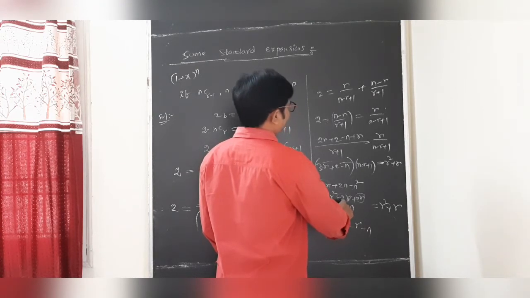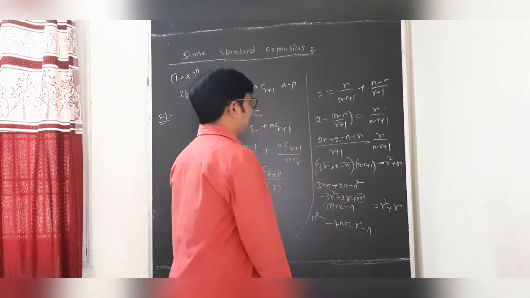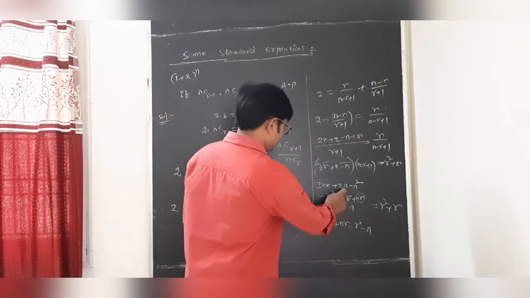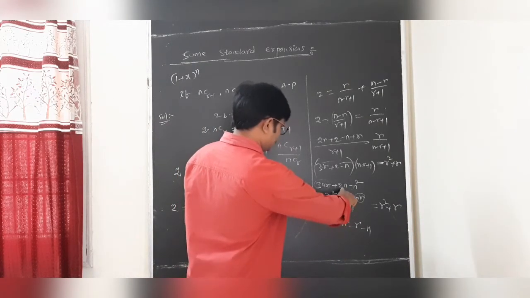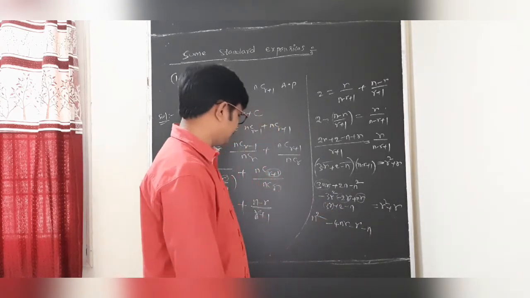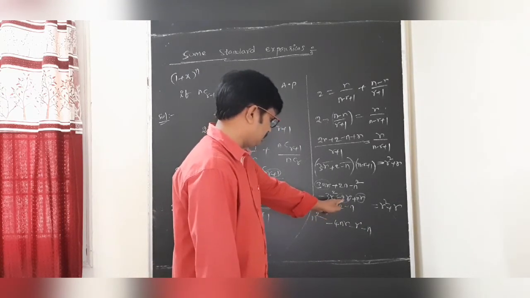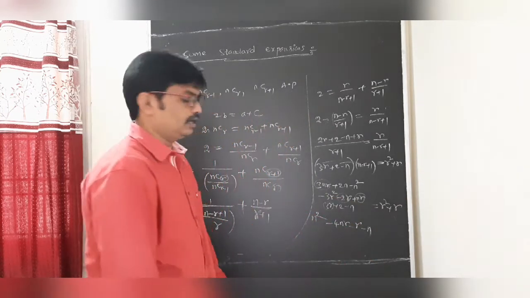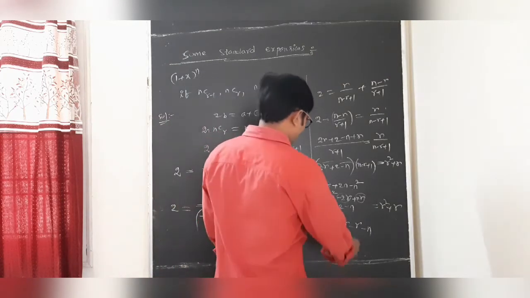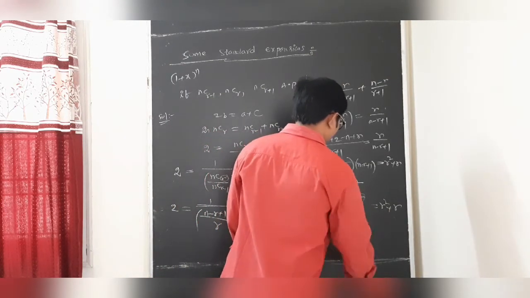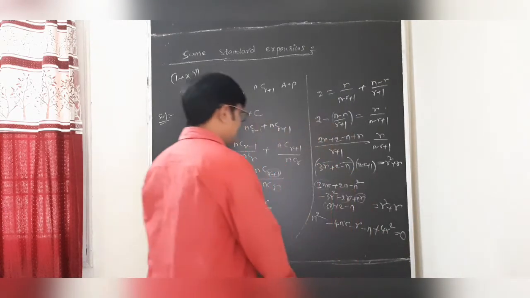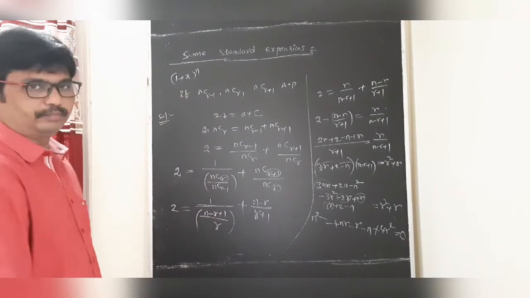Undoubtedly this is plus 2n. This is minus n, plus n is sent to the other side, minus n. Here 3r minus 2r plus r cancel. The r is cancelled. Now undoubtedly the minus 3r square is sent to the other side, that is 4r square.